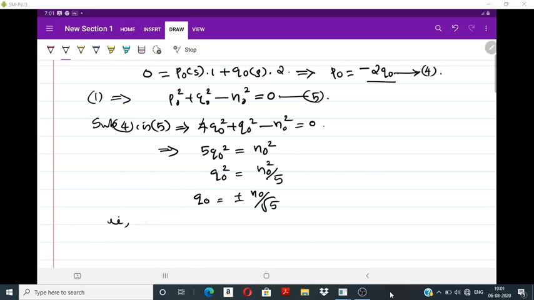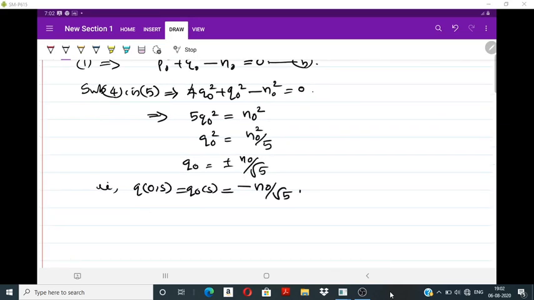So we can take Q naught of s as minus U naught by root 5, and therefore the initial condition for P at 0 is given by P naught of s is equal to minus 2 into Q naught, that is 2 U naught by root 5. That is P at 0s.